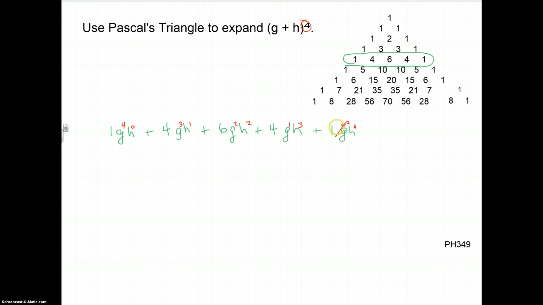So this g to the 0 cancels, h to the 0 cancels, and let's just write this out now as g to the 4th plus 4g cubed h plus 6g squared h squared plus 4g h cubed plus h to the 4th. That would be your binomial expansion rather than doing it all with foiling and multiplication.